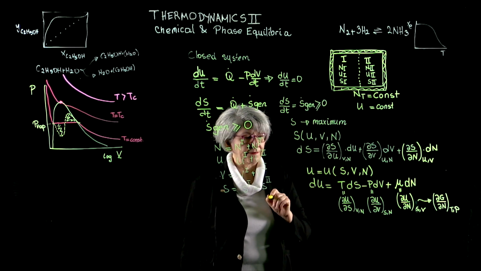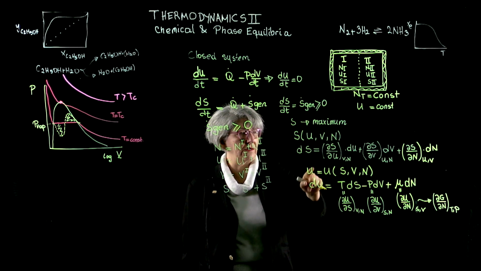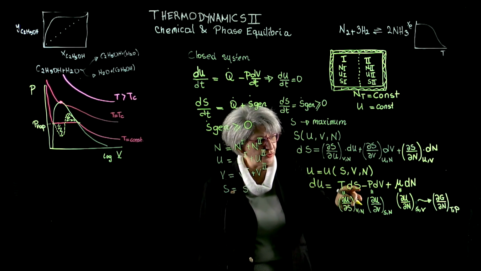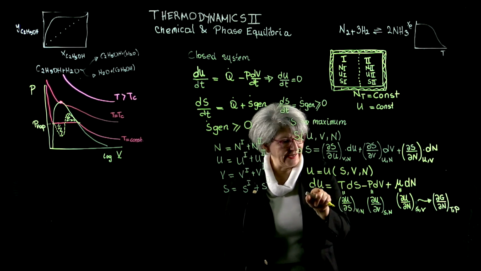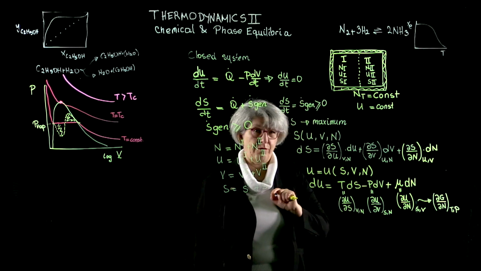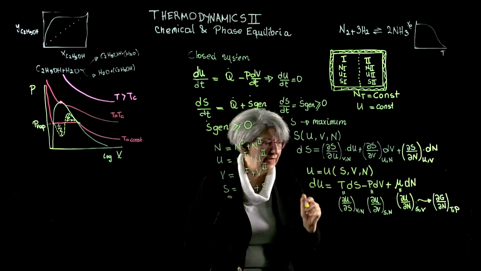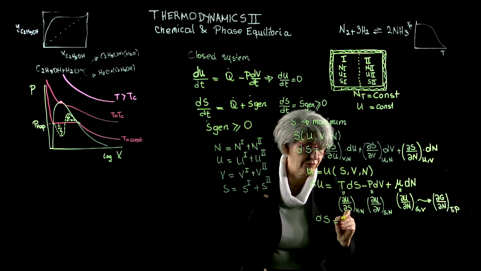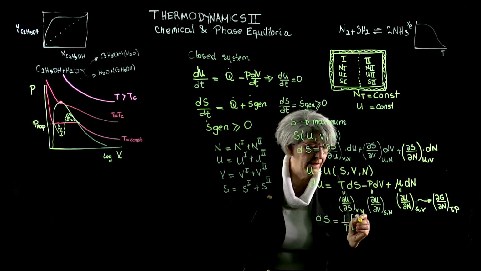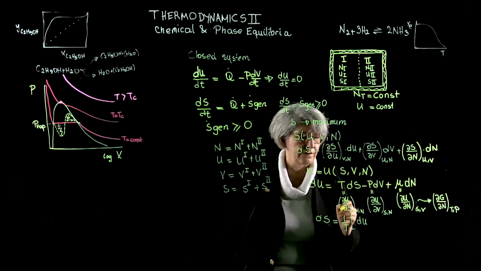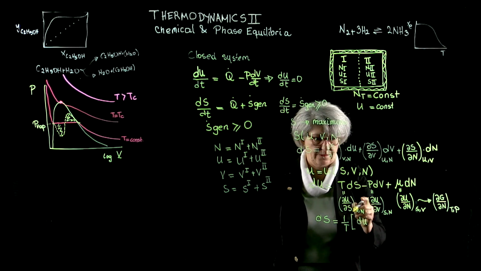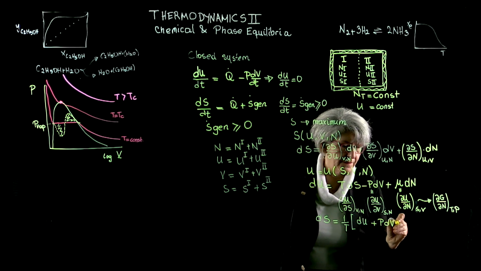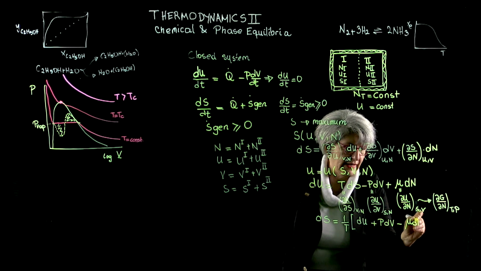If we flip this equation so that entropy is our dependent variable and internal energy, volume, and number of moles are our independent variables, our expression looks like this: ds is equal to 1 over T dU plus P over T dV minus mu over T dN.